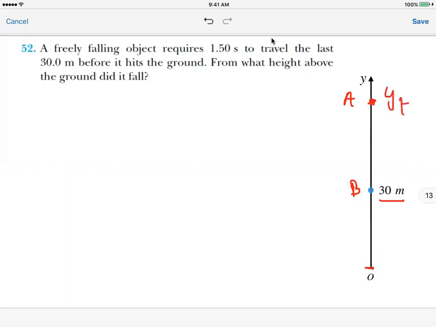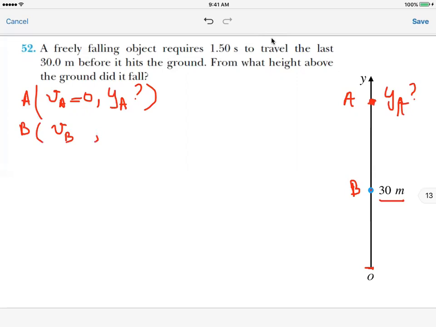So YA is the unknown we are looking for. Okay. Let's define the situations of each of these points. At point A, what do we know and what do we not know? At point A, we know that VA is equal to 0, but we don't know what is YA. YA is the unknown we are looking for. At point B, there should be some VB that is not known.